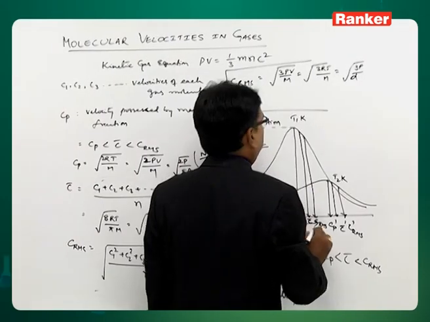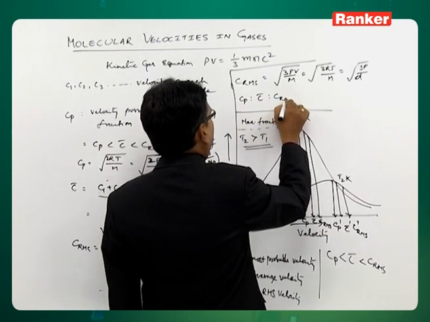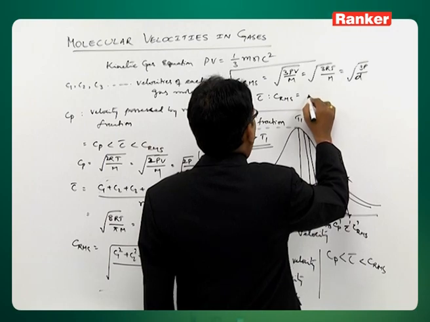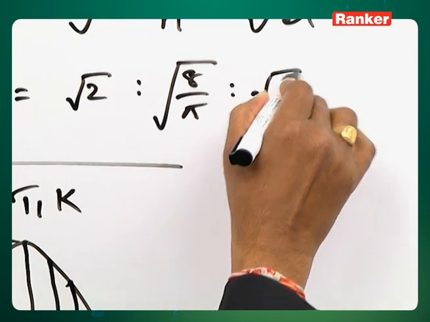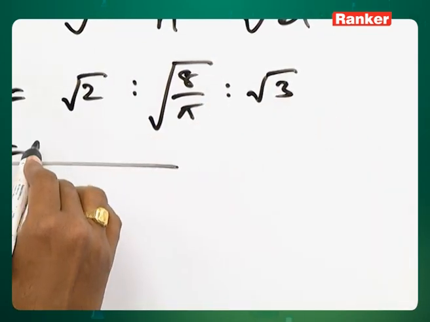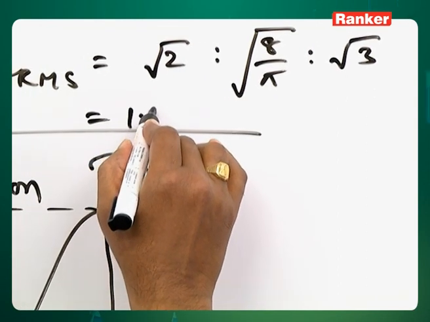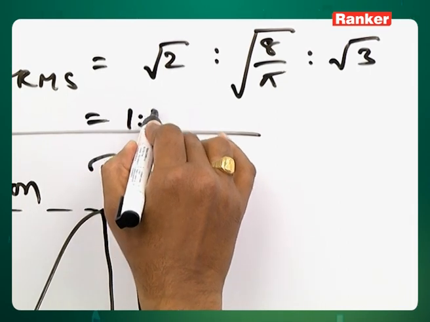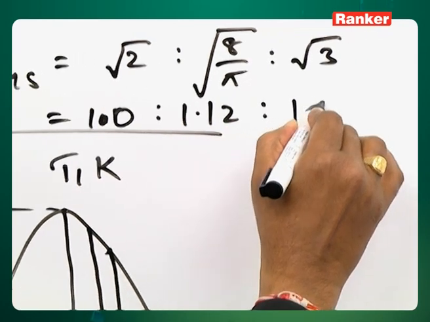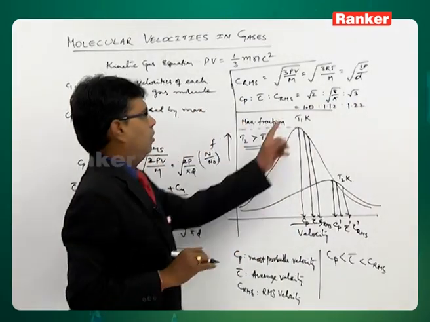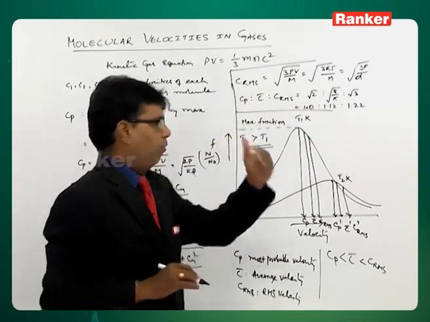They are in the ratio Cp is to C bar is to CRMS equal to root 2 is to root 8 by pi is to root 3. This is also 1 is to 1.12 is to 1.22. This is the ratio of the different molecular velocities.